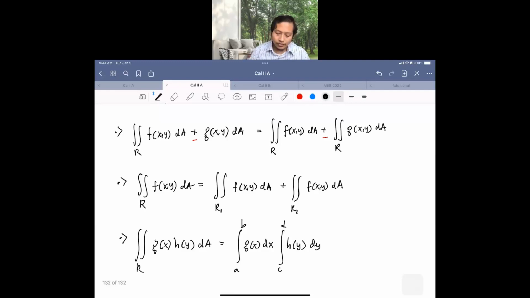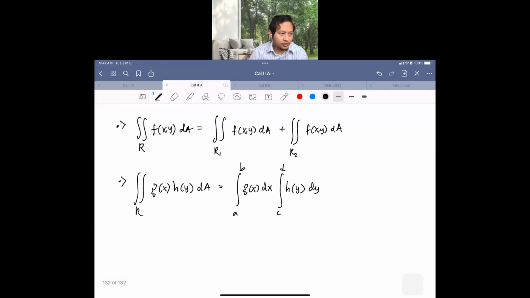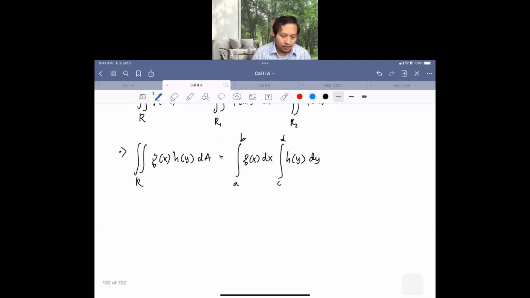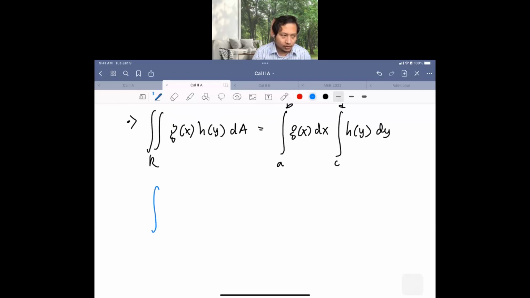And to prove the last one, I think it's easily proven using the Fubini Theorem, if you want to make it more clear. So if we have this rectangle with C, D, A, B, we have two functions, a function of x and a function of y.